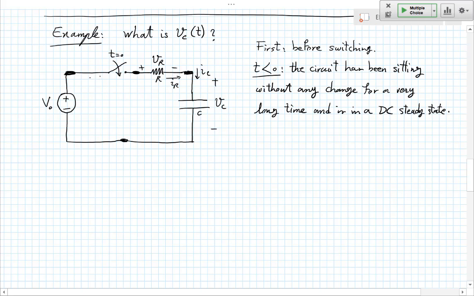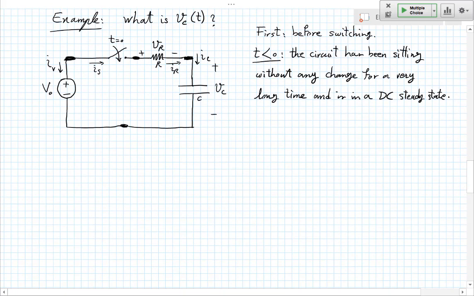So you could call this IS, the current in the switch. Now you know that's 0 because the switch is open. And you could call this IV, the current of the voltage source. So you would have the KCLs that tell you minus IV minus IS is equal to 0. This might be a little boring, but just to show you that these things exist, I'll write them quickly here for your reference.